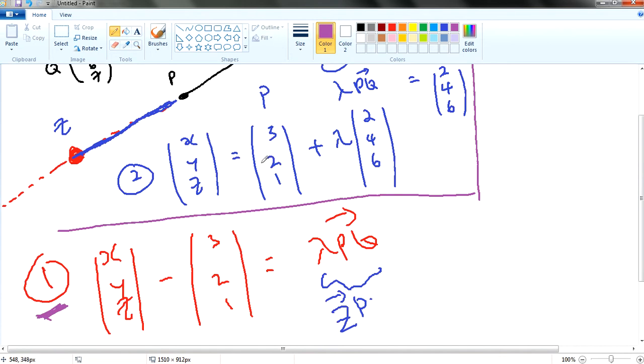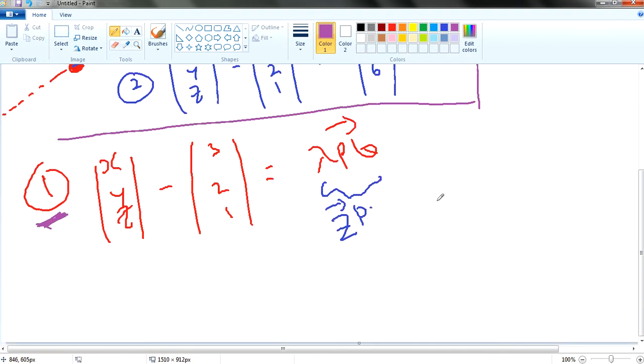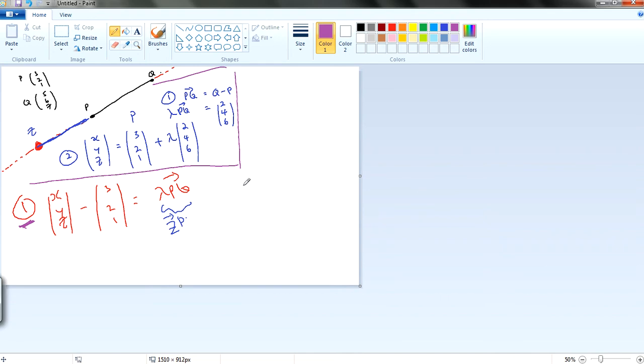So if you take a point plus a vector, this means that you're getting back another point, okay? If you don't know what I mean, imagine we have a point P and a point Q. If you take Q minus P, you are getting a vector PQ.